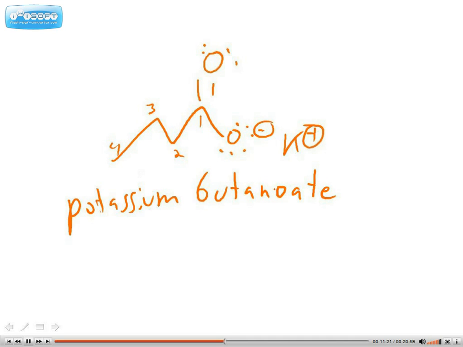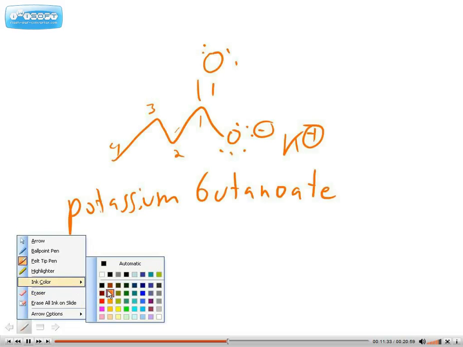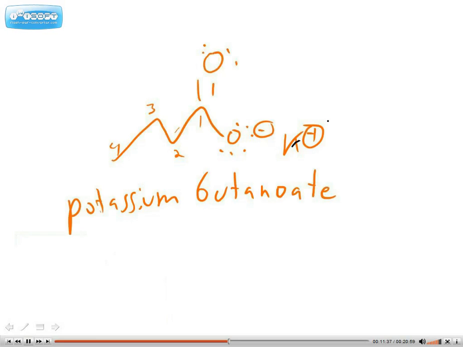Now, it turns out that in a process called esterification, we can go ahead and, let me change pen colors, we can go ahead and replace the potassium with an R group. The R group can be any type of alkyl or alkyl derivative.